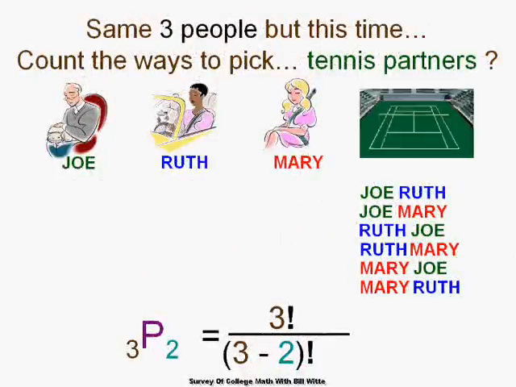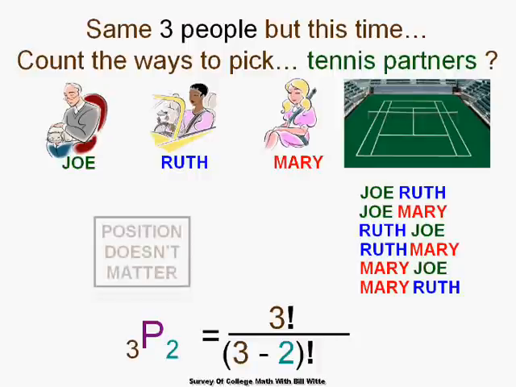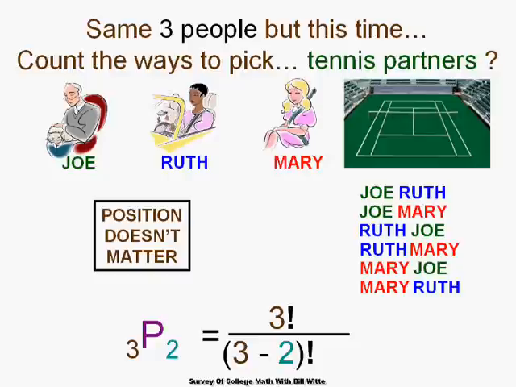Now what happens if position doesn't matter? In this example, you may remember, we had the same 3 people, but this time we were picking tennis partners. It doesn't matter on a team. There's no position, really. It's just 2 people.